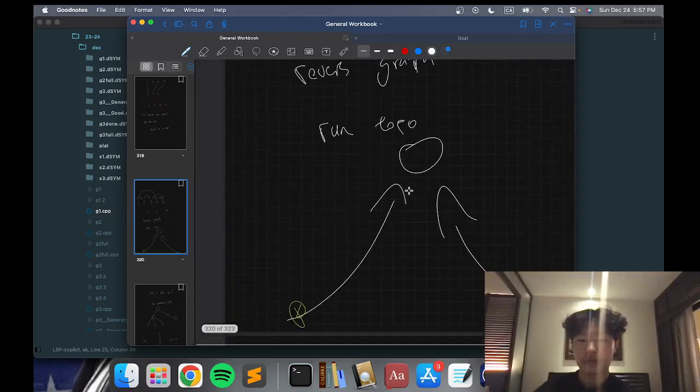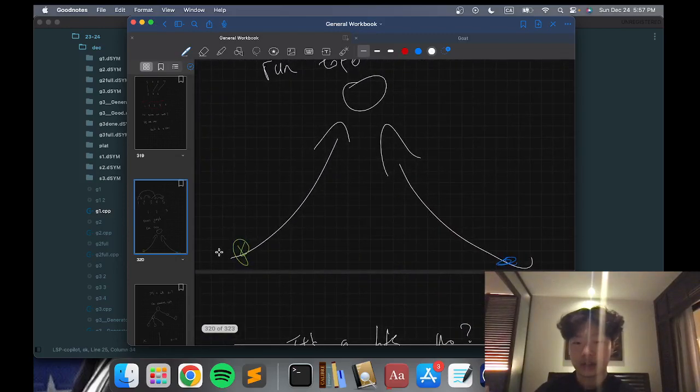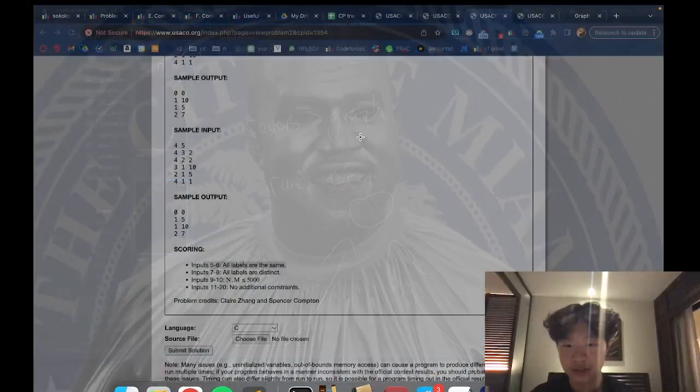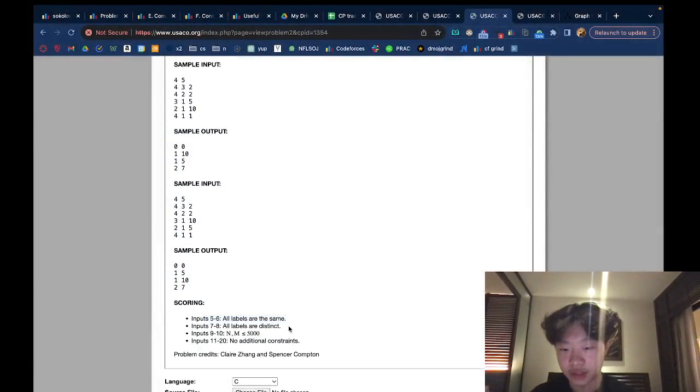If you reverse the graph and run a topological sort, then you can go from the sinks, and every time you move one, you add the distance +1, +1, +1, and then you go all the way to the start. Reverse the graph, run a topological sort, then you can find the longest distance. It's kind of like DP. I'm pretty sure you've done that before.